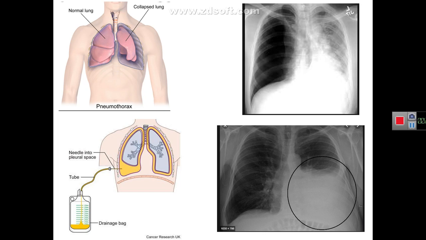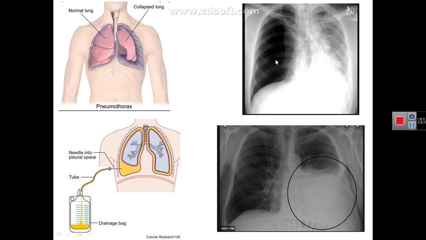These are X-rays for the clinical topic. This is a left pneumothorax. You can see that the pleural cavity is not potential here. It is a large cavity filled with air, and because the pressure here is not negative, it is high pressure that pushes the lung, leading to collapse of the lung and difficulty in breathing.